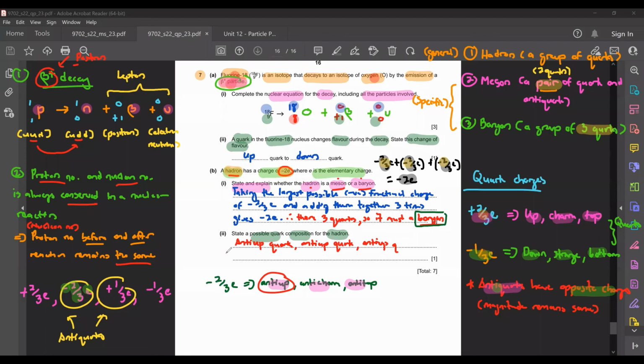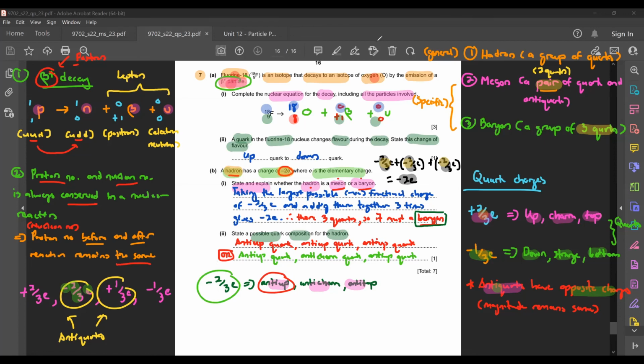Or if I wanted to write it as a combination, this one will be anti-up quark, anti-charm quark, or anti-top quark. Either one would do. Either you pick all of them being the same quark type, or you mix and match different quark types, as long as the fractional charge is -2/3e.